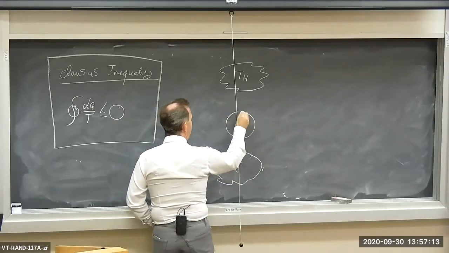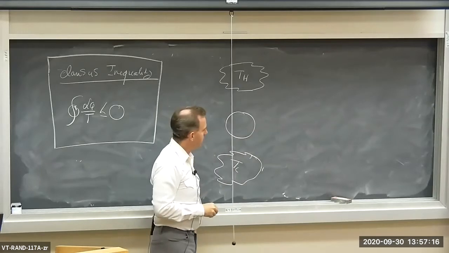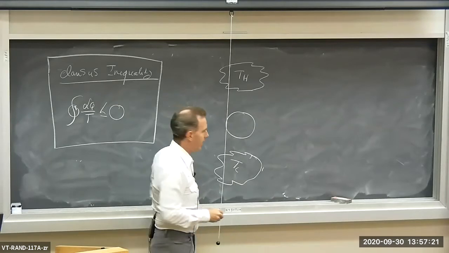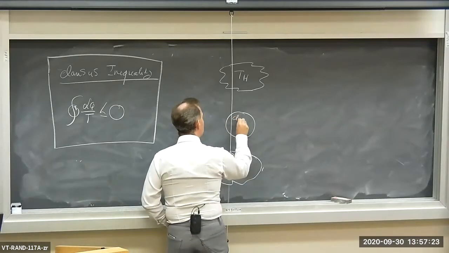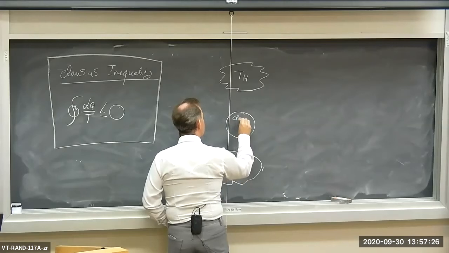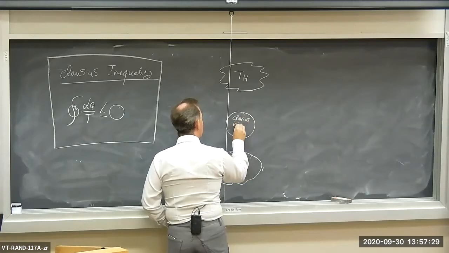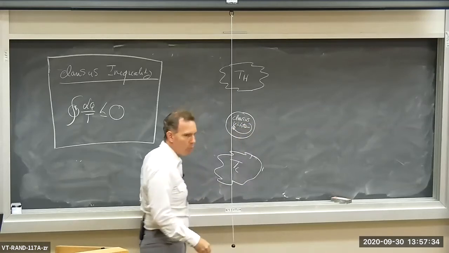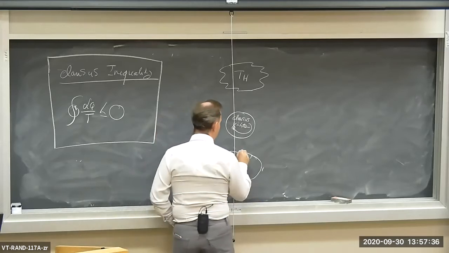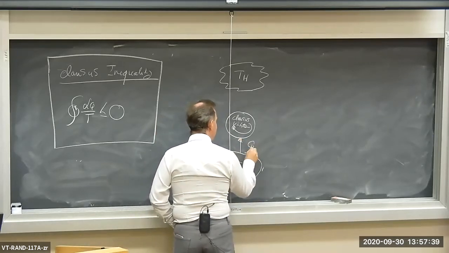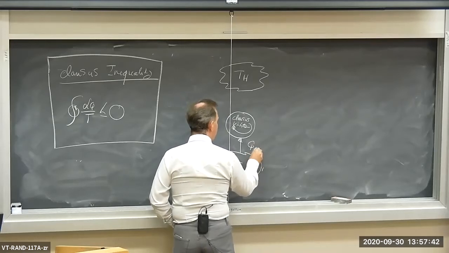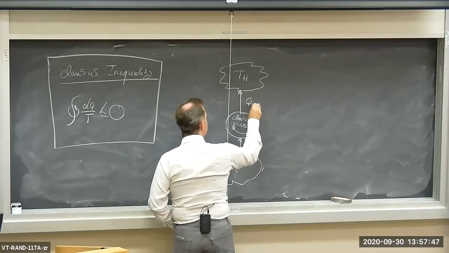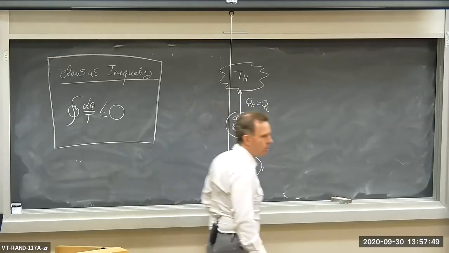Now, let's say I have a device. This is a magical device. It's called a Clausius violator. It doesn't exist. It's a magic device. What does this device do? It takes a certain amount of heat, QL, from a low temperature reservoir, and magically, without work, shoves it up to a high temperature reservoir.